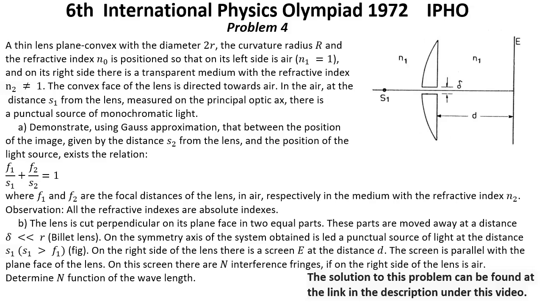In the left medium, at the distance s1 from the lens measured on the principal optic axis, there is a punctual source of monochromatic light.